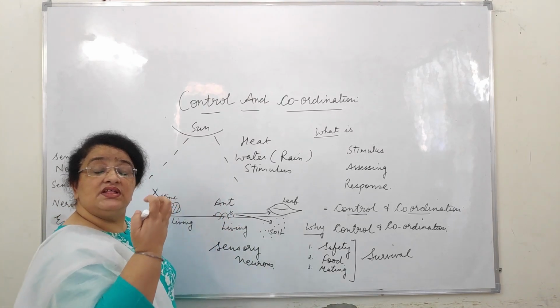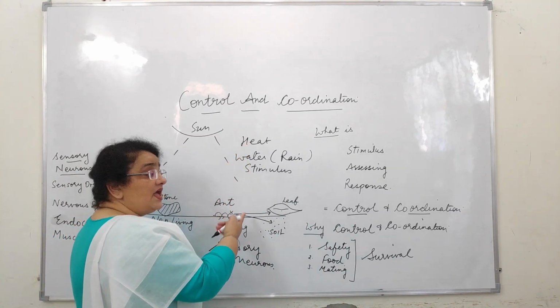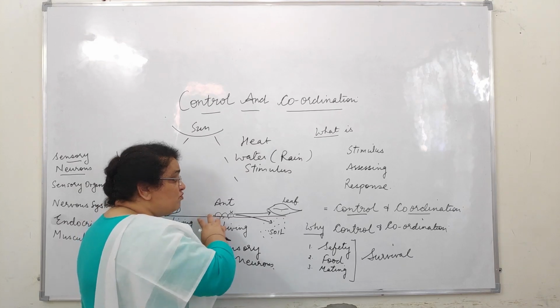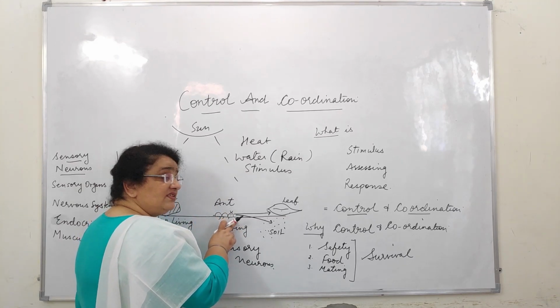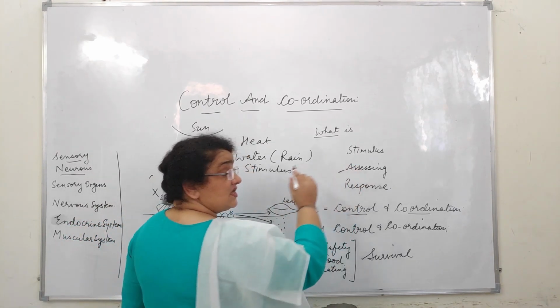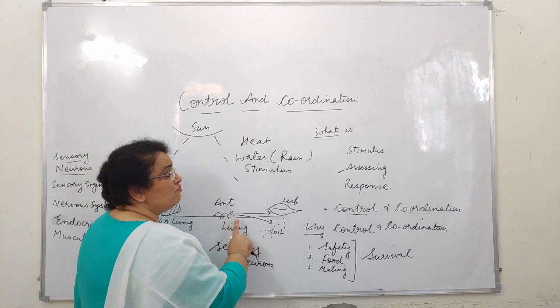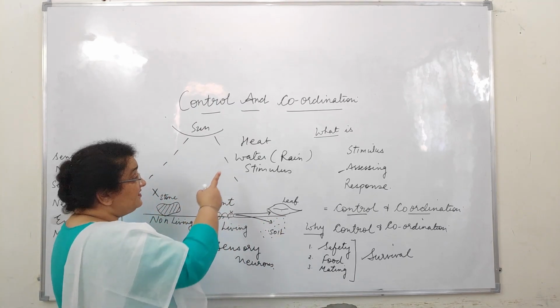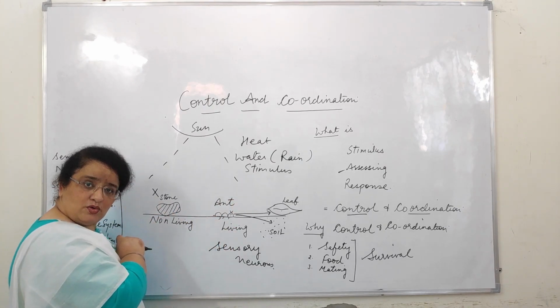It is receiving the touch of water, it is receiving the touch of heat, and that makes the ant move with the help of its muscles. And its nervous system is assessing that it has to protect its body, and the body will move to take some shelter. And the same type of behavior is not observed in the stone.